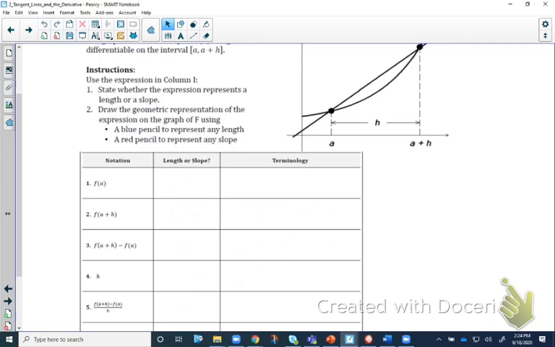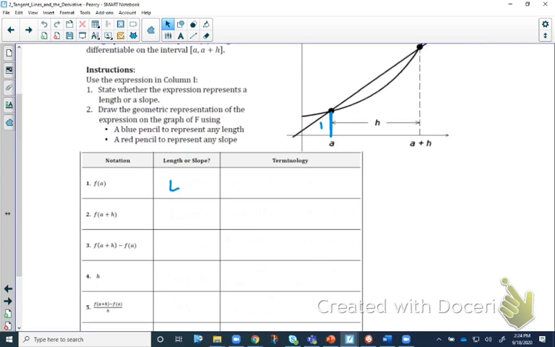Okay, so a y value here, this is what they're talking about, f of a. When x is a, whatever it is, what is y going to be? So this is right here, that is referring to number 1. And that is very much talking about a length. So I just put L for length.